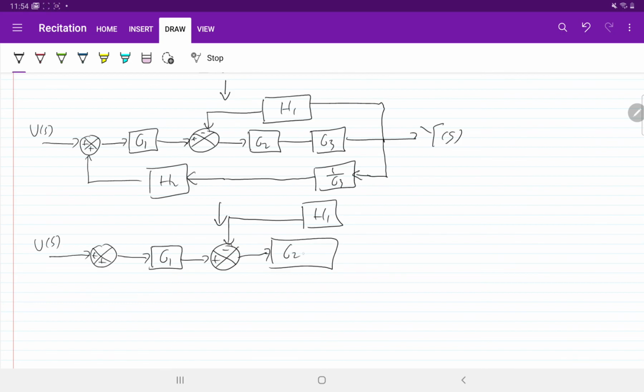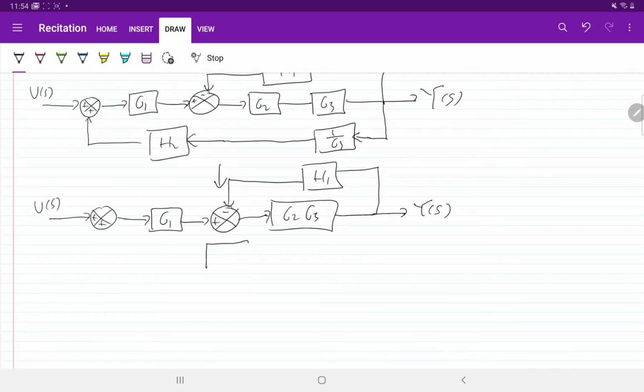This is G2 G3, Y of s, and this feedback block is H2 over G3, right? So this is for the first.